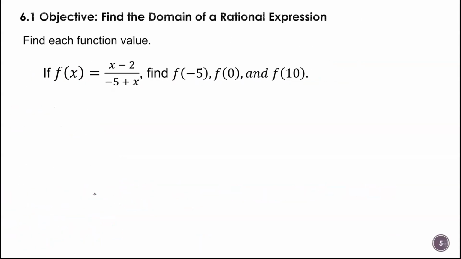Okay, so that was about finding domain, and then this is to find a function value. And so this is really just a little more practice with functions. So I'm going to find f of -5, f of 0, and f of 10. So for -5, I'm going to substitute -5 in for x.